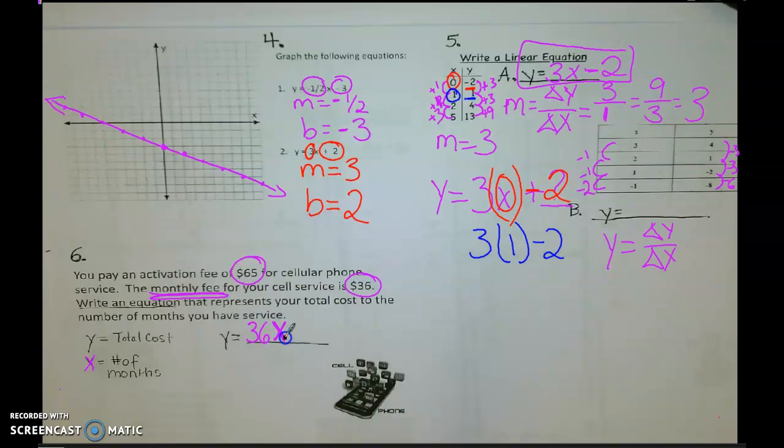That's one of our variables that we can use to help us, okay? So we're going to use X. So 36 times the number of months. Well, that's not all that we have to pay. We also have to pay one time $65. So Y equals 36x plus 65.